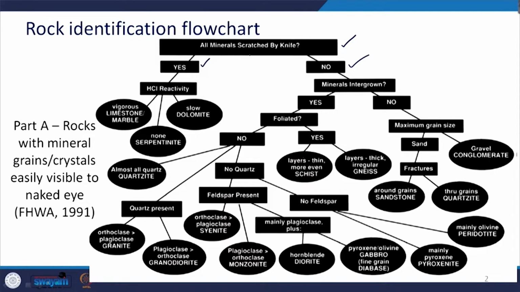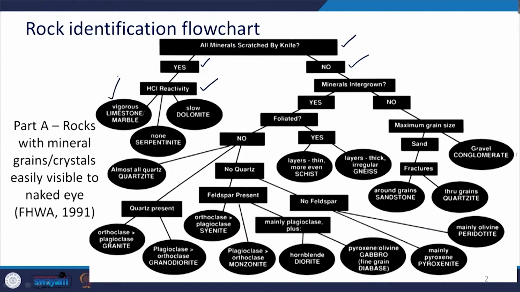If minerals are scratched by a knife, then we will check for their acid reactivity, that is HCl reactivity. If they have vigorous reactivity, then those rocks may be limestone and marble.